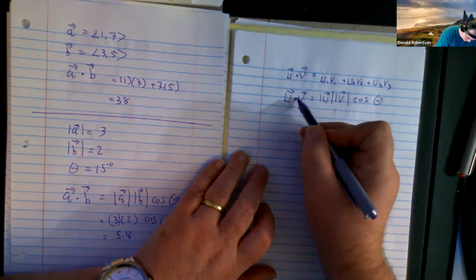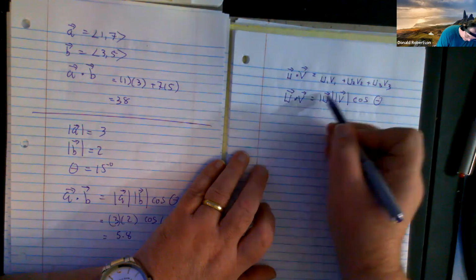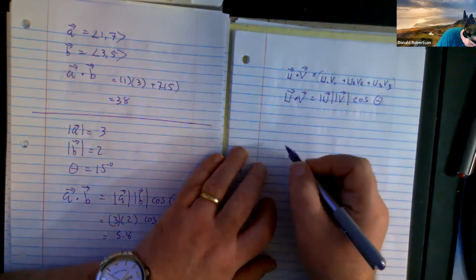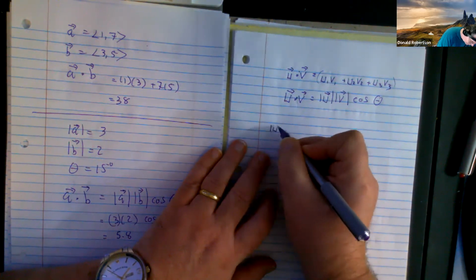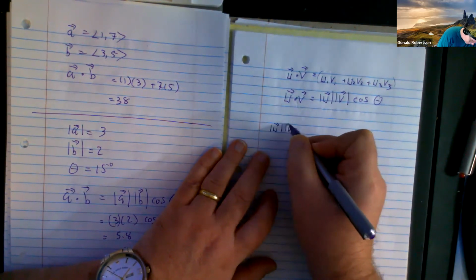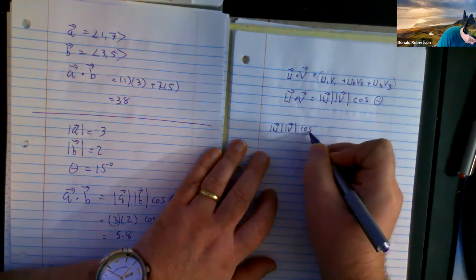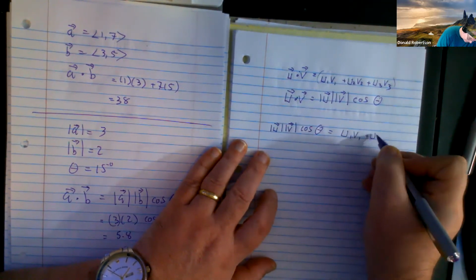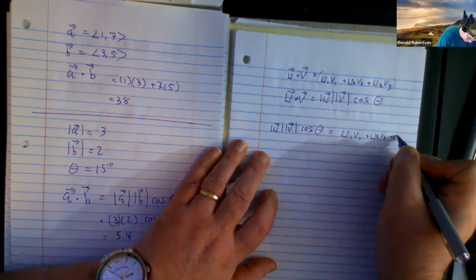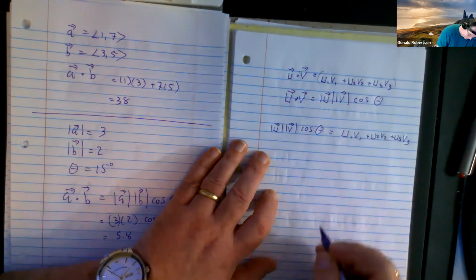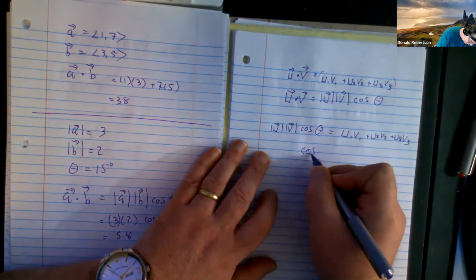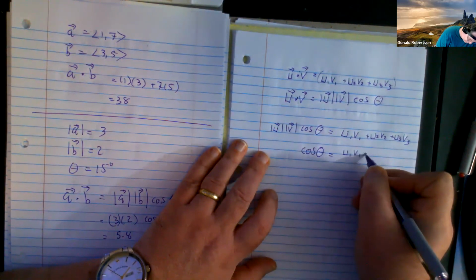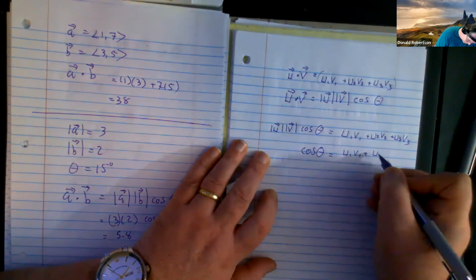Now, since these are both the same thing, that makes these two things the same. And so I now know that those two times cosine theta must be the same as this. And if I wanted to get cosine of theta, then wouldn't you divide both sides by these two?